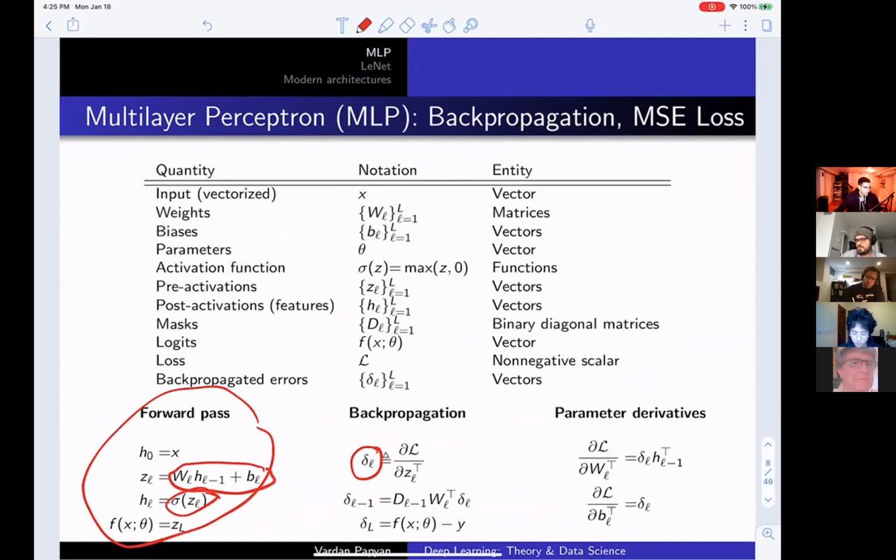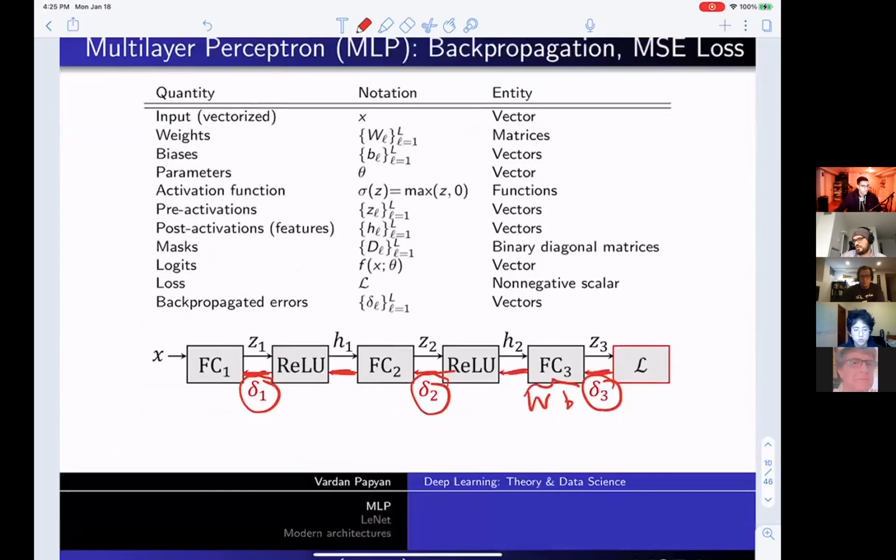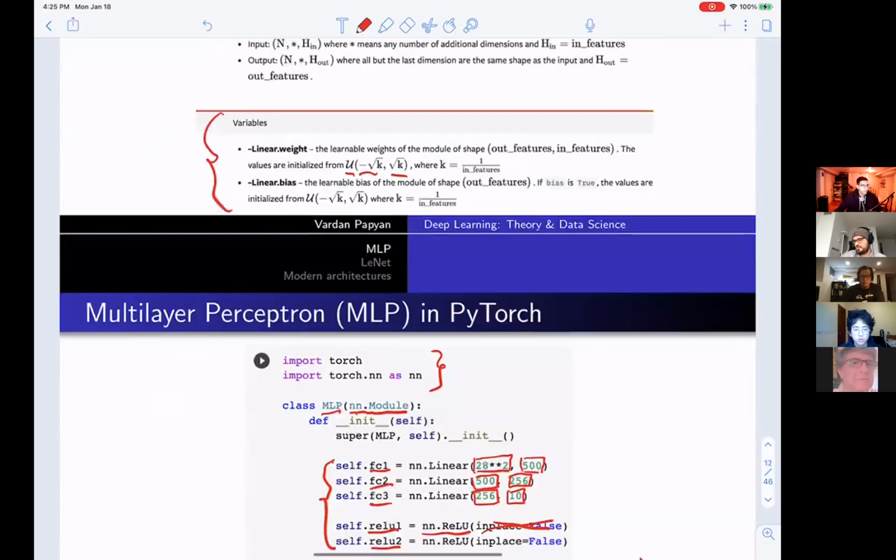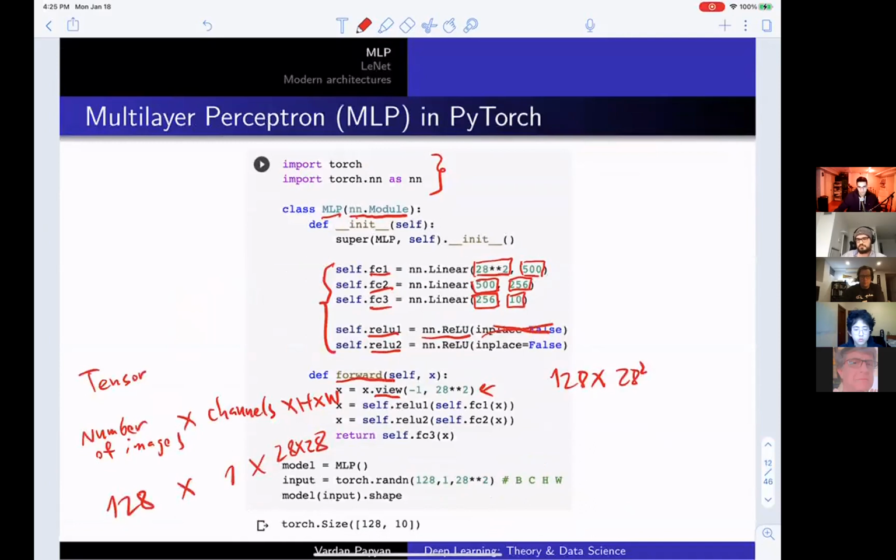Now, the only difference between this mathematical description and the network is that the mathematical description usually speaks in terms of a single input X, because it's easier to reason about a single input, whereas the network works in a batch. It's called a batch of images, many images together. So for example, here X would, after you reshape it, have 128 images, each with 28 squared pixels.